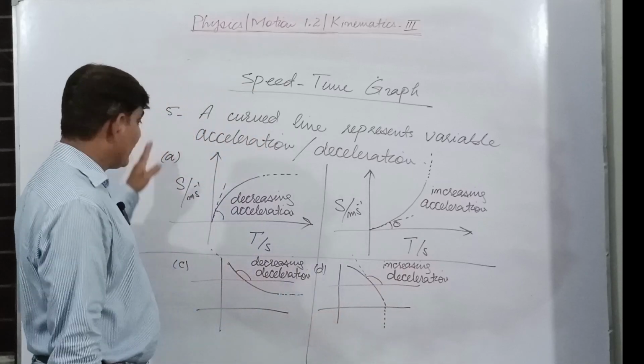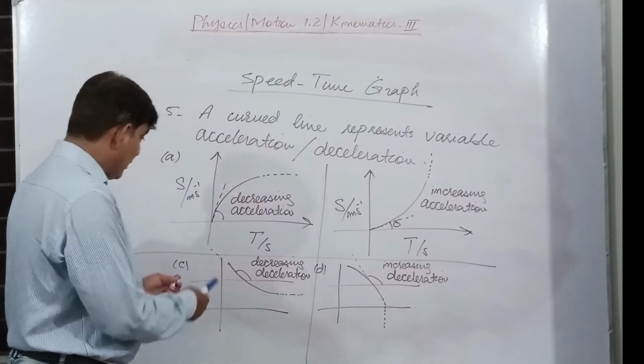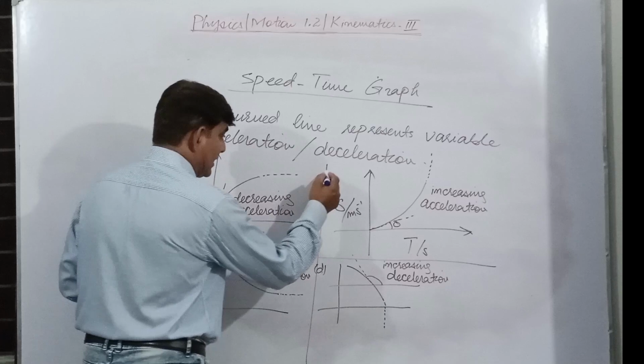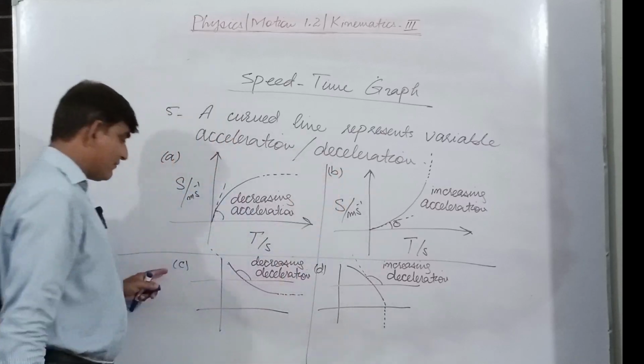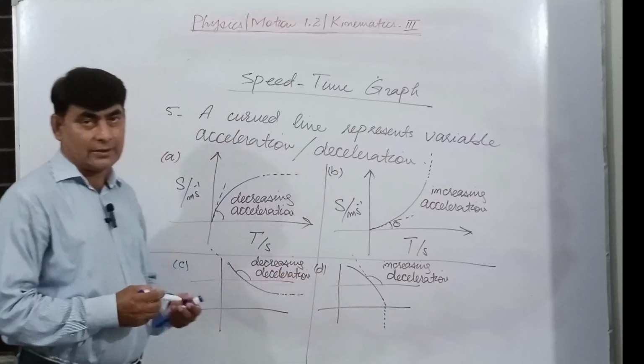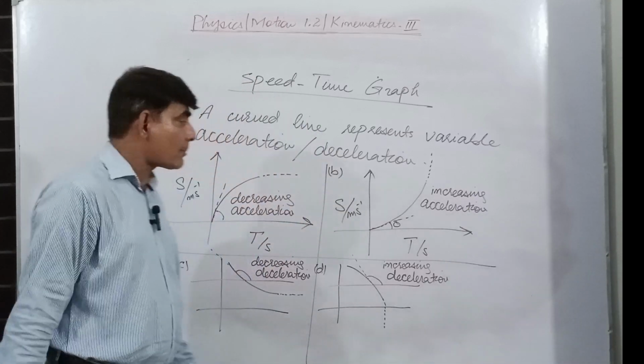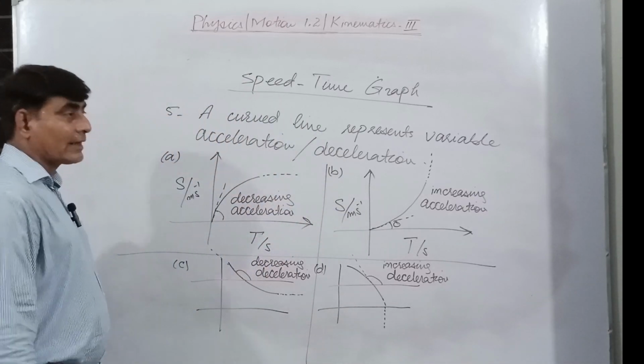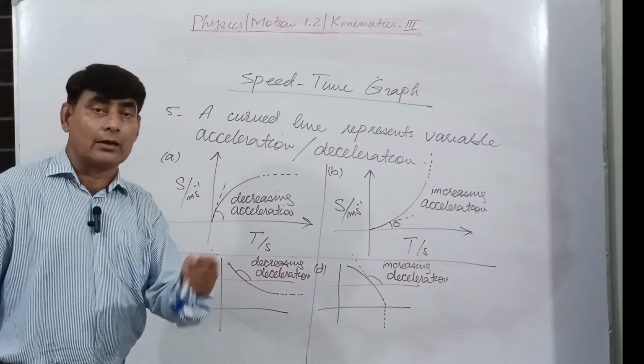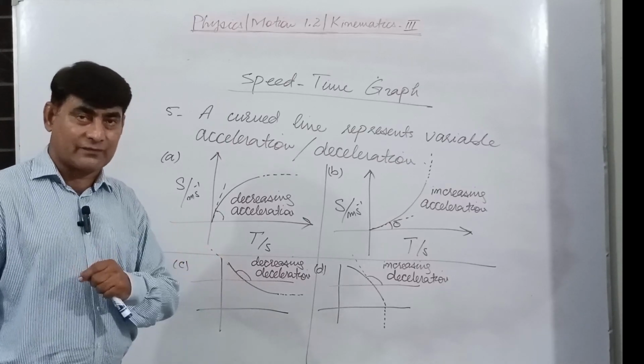So 5A, 5B, 5C, 5D. Now the last point is area under the curve or area under the graph.